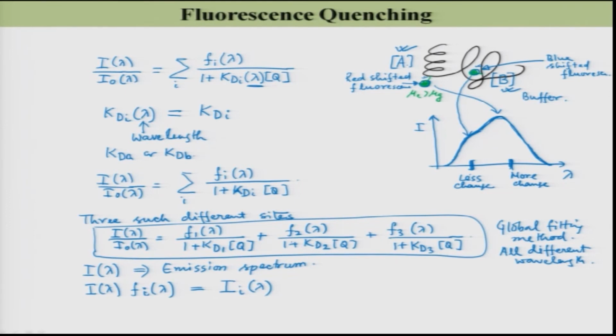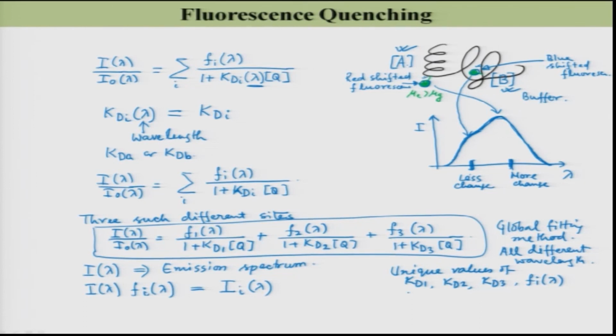So, for each wavelength, if you plot I by I0 and fit it, you will get unique values of k d 1, k d 2, k d 3 and also all the f i lambdas at each wavelength.